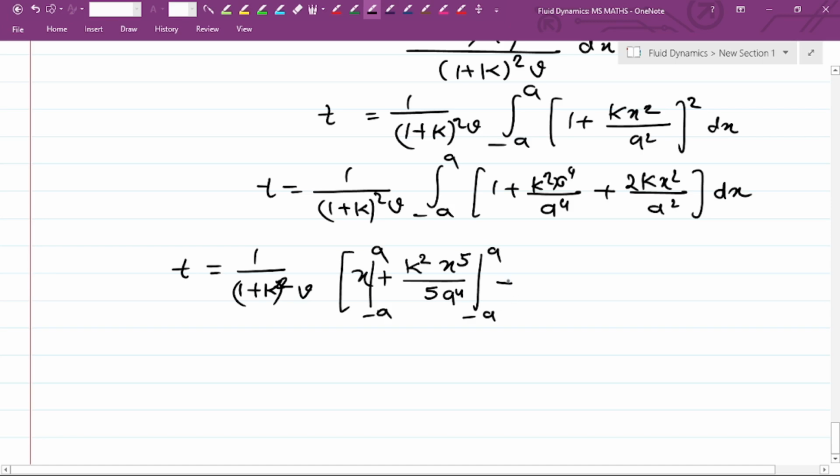Integrating component-wise, plus 2k x cubed upon 3a square, limits minus a to a.